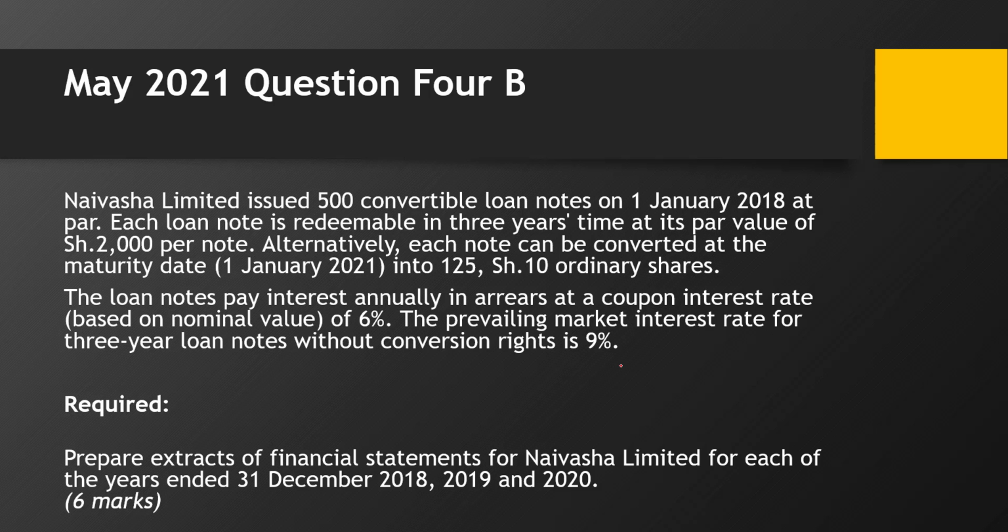Each loan note has a par value of 2,000 shillings per note. Each note can be converted at maturity date, which is on 1st January 2021, into 125 ordinary shares of 10 shillings each.